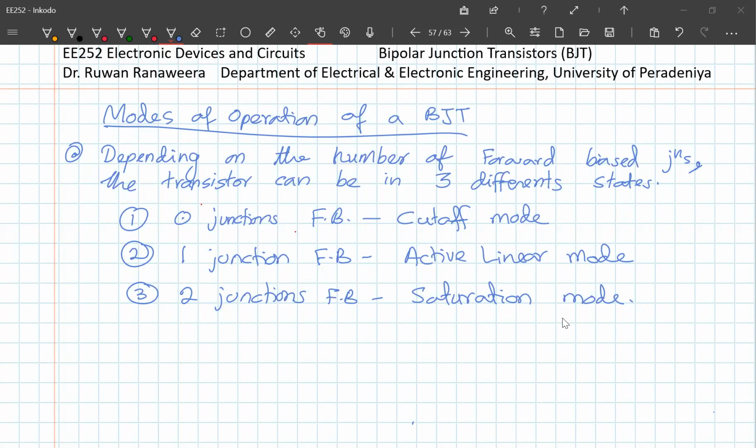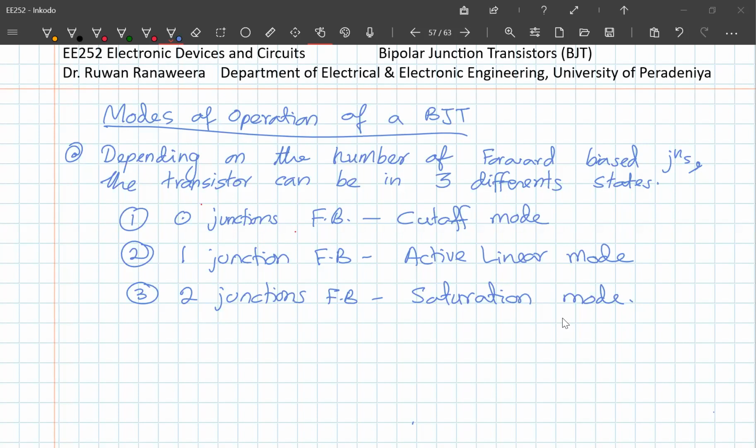So, to capture the external energy model, the equation that we came up with was beta equals IC over IB. Right? And then we went on to talk about the modes of operation of BJT, and there again we emphasized that depending on the number of forward bias junctions in the transistor, there are three different possible states.